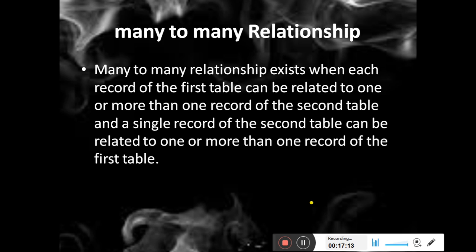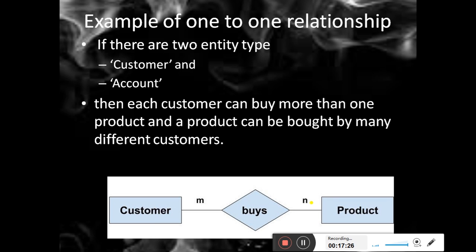Correct? Then the third one is many-to-many relationship. In this type of relationship, many records of the first table may be related with many records of the second table, or many records of the second table may be related with the first table. Correct? For example, customers and products. Many customers may buy a product, or many customers may buy many products, or many products are bought by many customers.